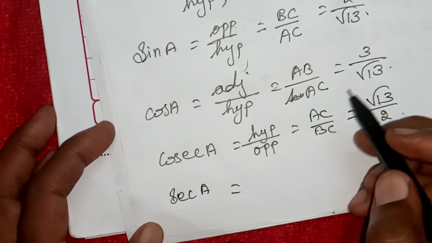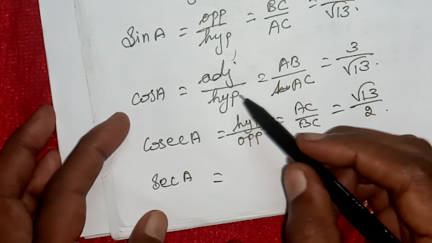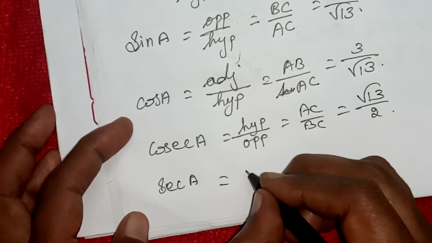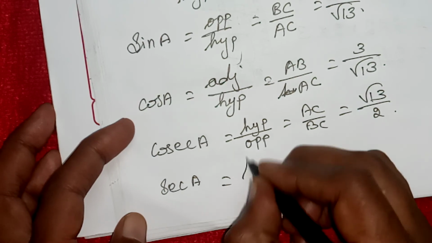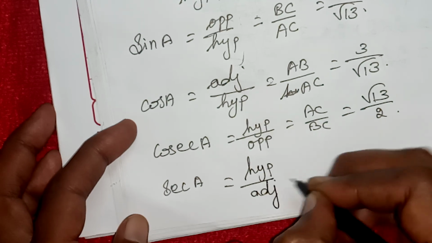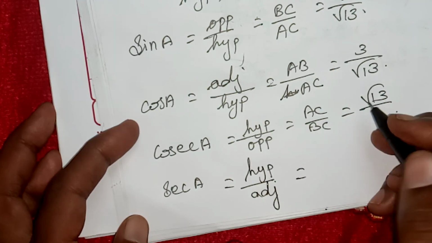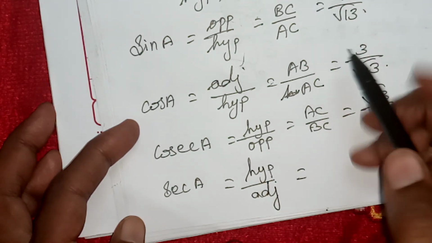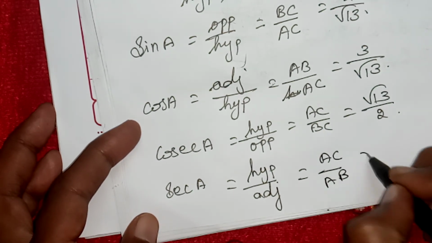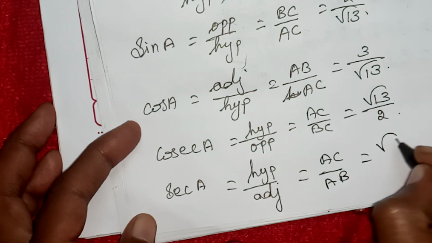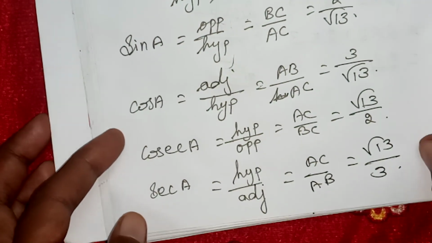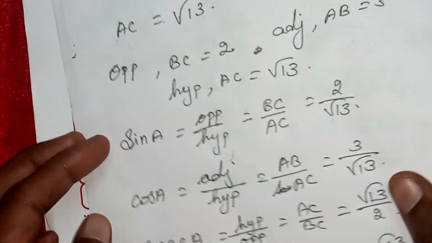It is the reciprocal of cos, hypotenuse by adjacent side. AC divided by AB is equal to root 13 divided by 3. That is secant theta.